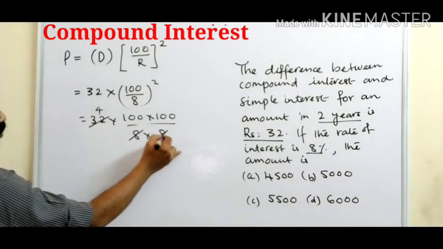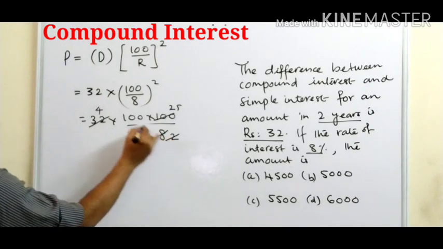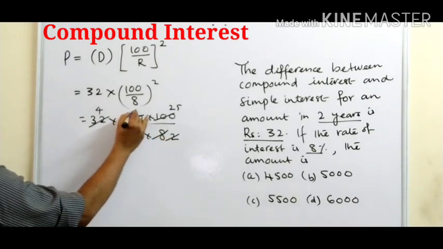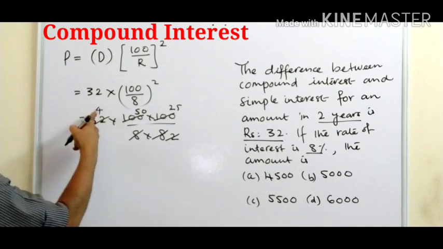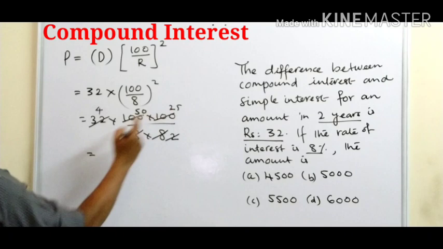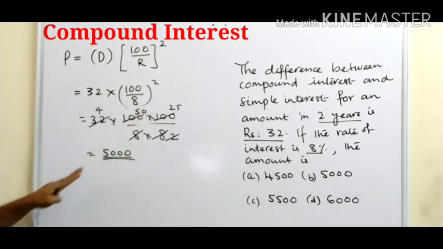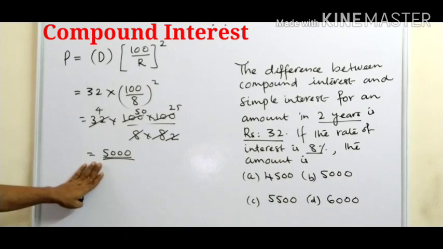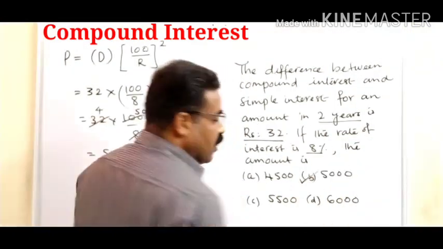This 8 4 2 times, here 4 25 times. This 2 I can put it here. How many times? 50 times. So this will become 4 into 50 200, 200 into 25 5000. So 5000 will be the answer. 5000 will be the principal P. So accordingly you can mark option B is the correct answer.